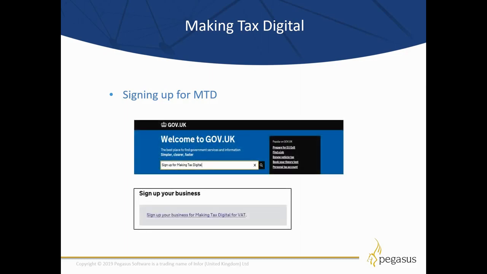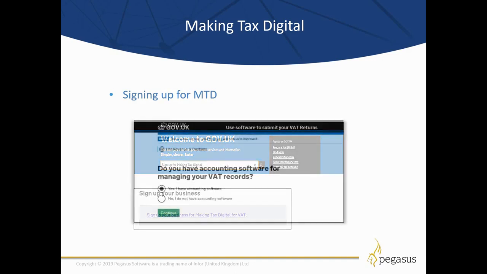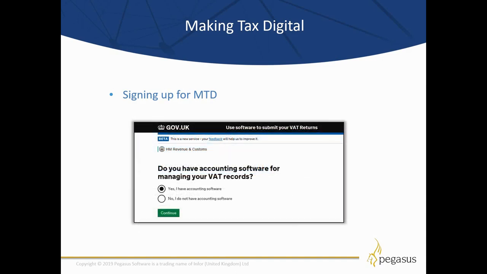First of all, go to the government website, gov.uk, and enter into their search engine, sign up for using Making Tax Digital. From that page, you will find a link that allows you to sign up your business to Making Tax Digital. Just bear in mind, the following screens may vary from what I show you next because HMRC might update them. The first question you'll be asked is, do you have accounting software for managing your VAT records?